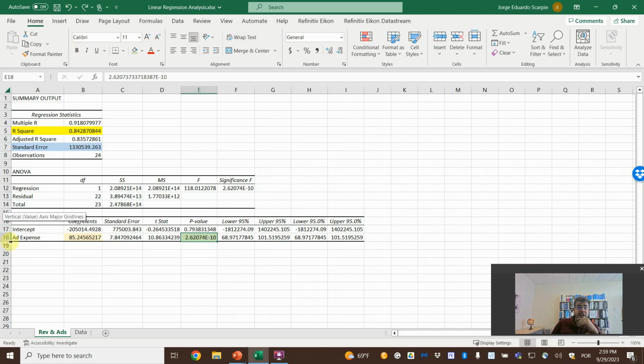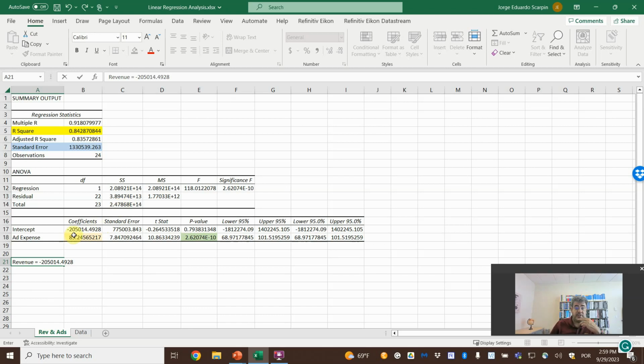And then the equation. What is the equation for revenue? So revenue equals minus 2,050,144,928.